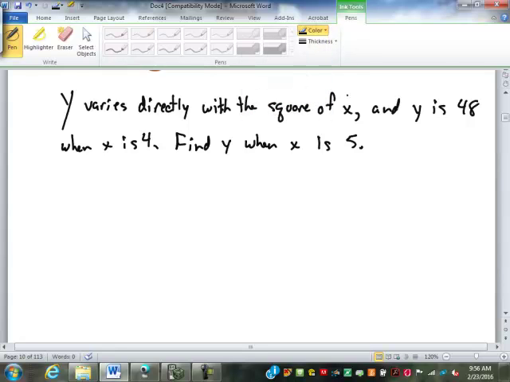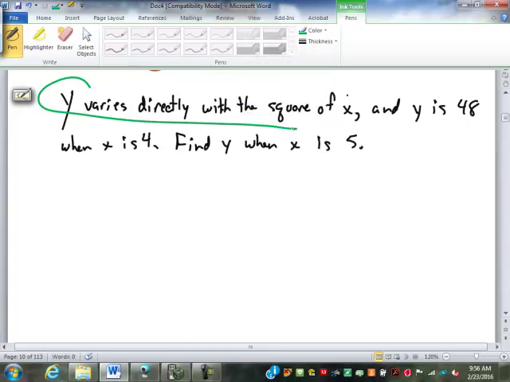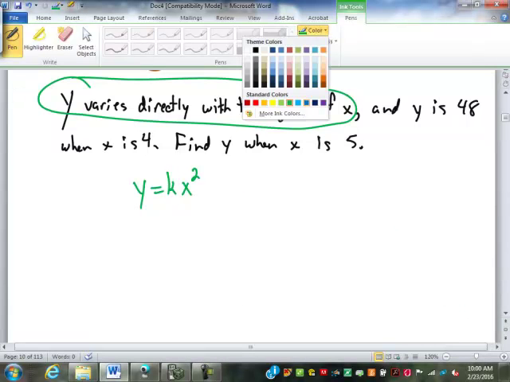How's that going to change life for us? It's y equals k x squared, not just x. Try to finish that problem off. So what'd you get?